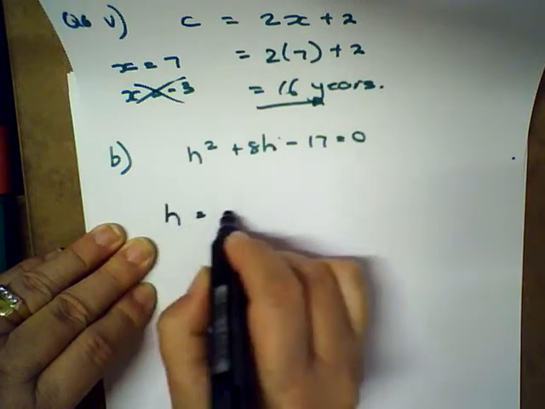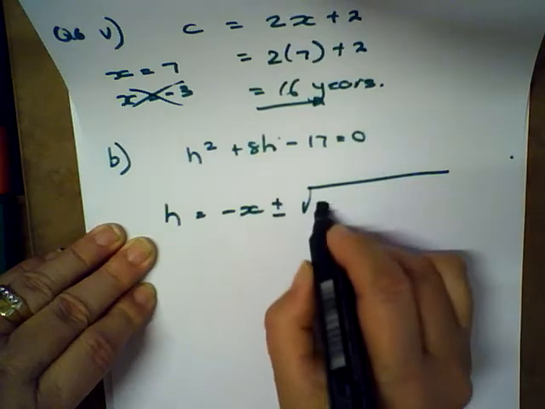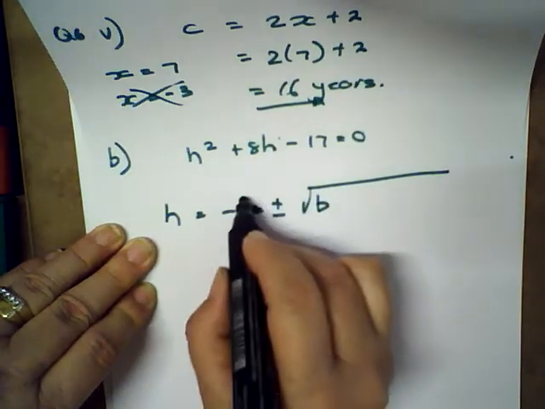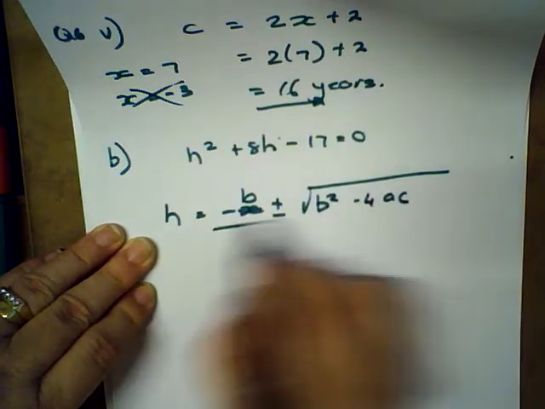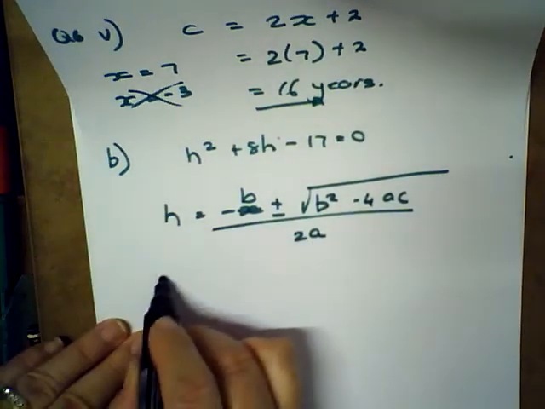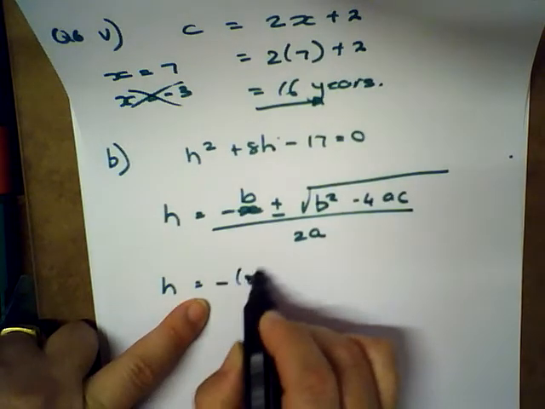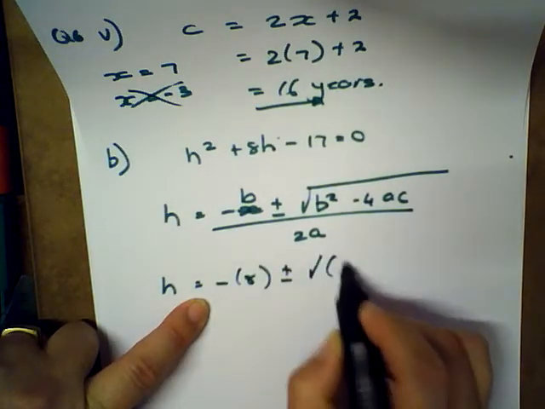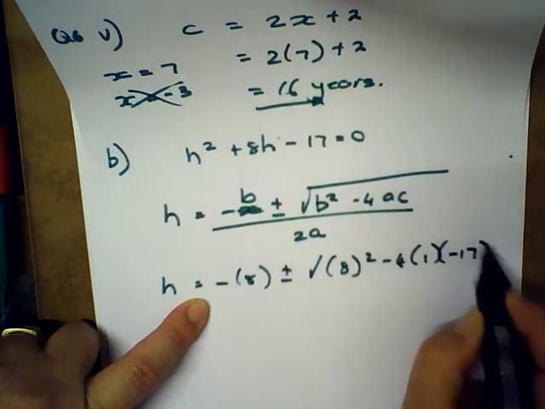So h equals negative b plus or minus the square root of b squared minus 4ac all over 2a. And we can fill the values in. The value of b is 8, a is 1, c is negative 17.